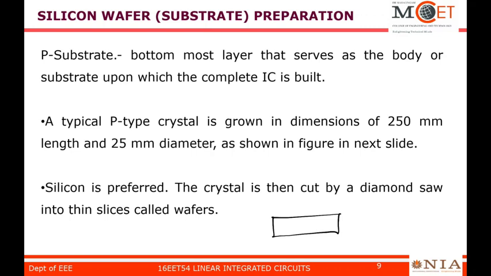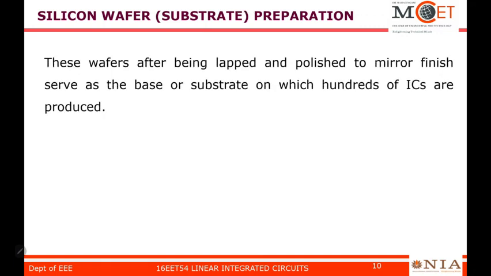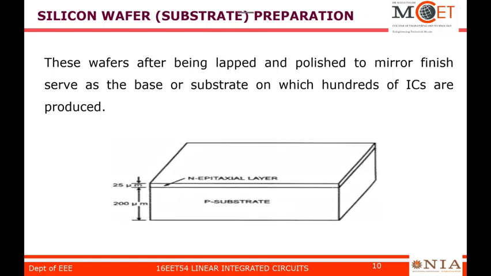The crystal is then cut by a diamond saw into thin slices called wafers. These wafers are lapped and polished to a mirror finish and serve as the base of the substrate in which hundreds of ICs are produced. So this is the P-type substrate. Then over that we'll have an epitaxial layer, right? This one.